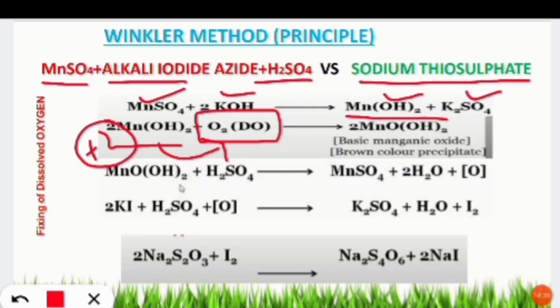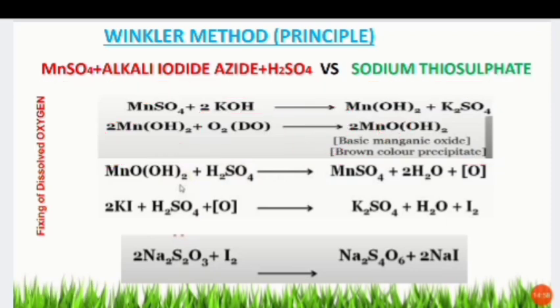Here the oxidation state of manganese is +4, so it is oxidized. This makes the brown colored precipitate. You can see this is the carrier oxygen. You should remember that this manganese oxide is carrying the oxygen which we want to analyze. So it acts as a carrier.